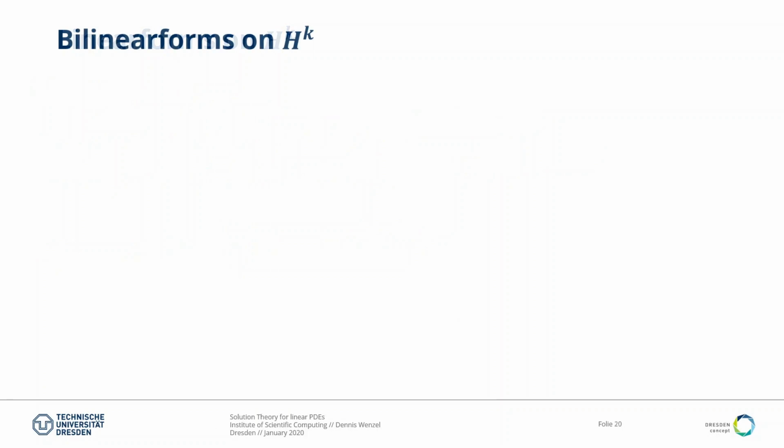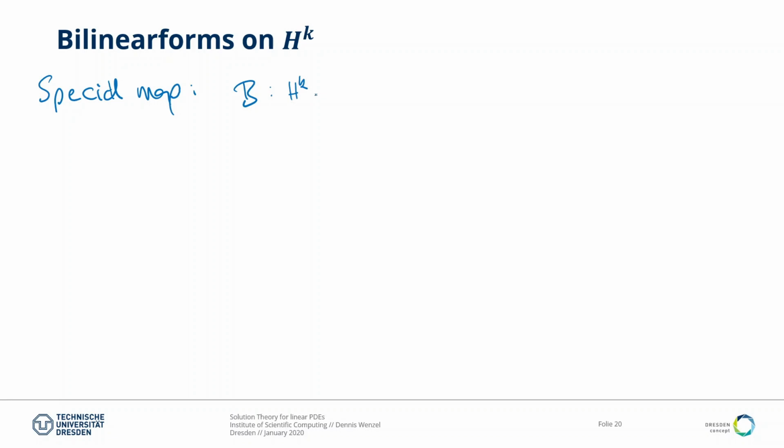Now, on the other hand, the bilinear forms, as the name already suggests, are another type of special mapping. I'm abbreviating this with a capital B for bilinear.